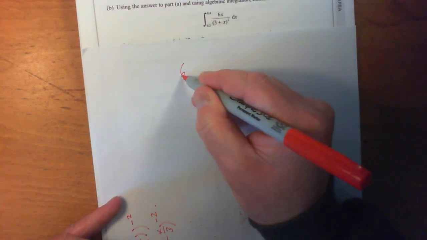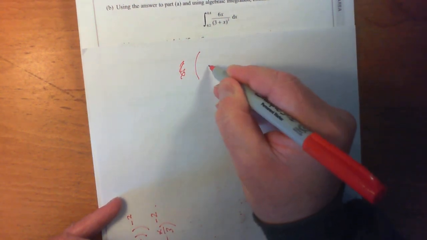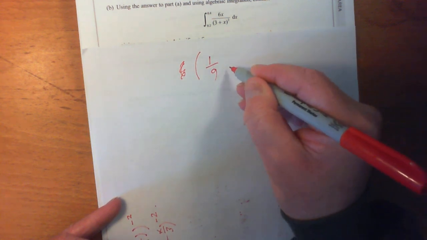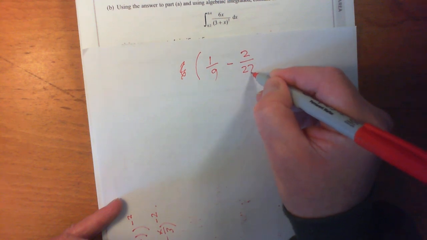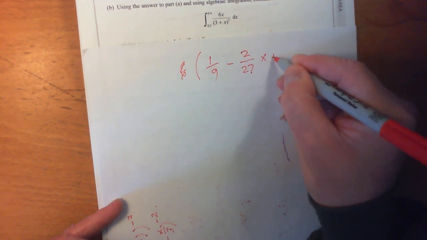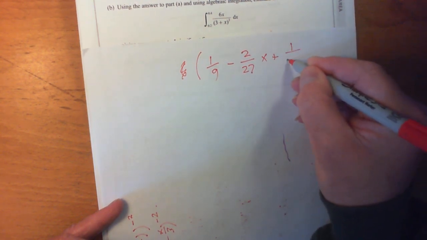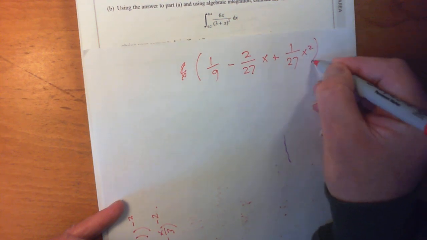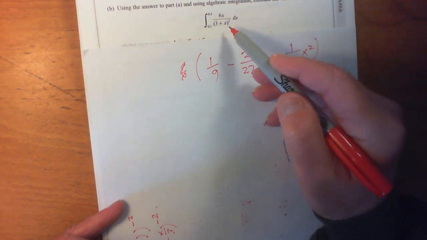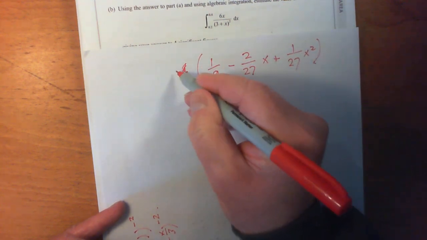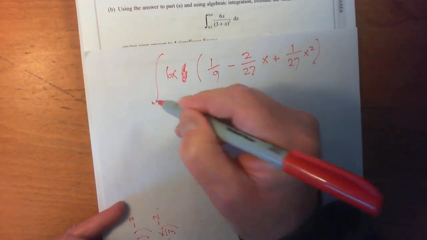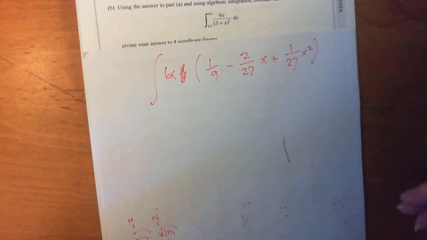What you got in the first bit was the expansion, 1 over 9, minus 2 over 27 x plus 1 over 27 x squared. So this is now just going to be that multiplied by 6x. So you can simplify that and then integrate that.